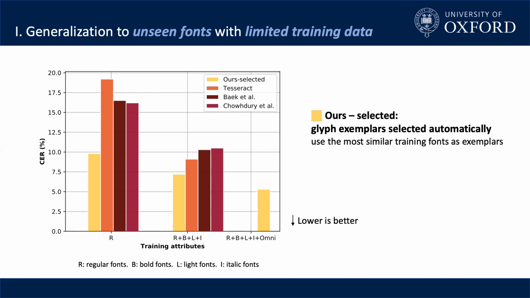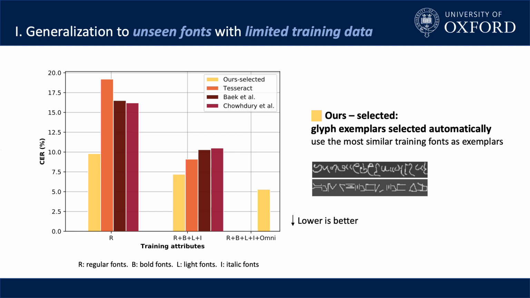When training with only one font attribute, the regular font, we outperform the best SOTA baseline by about 6%. As the training data increases, the gap between our method and the SOTA baselines is reduced, but our method still has the lowest error rate.